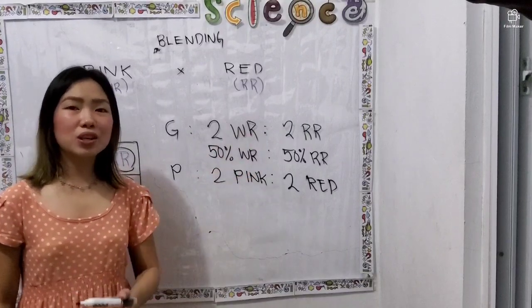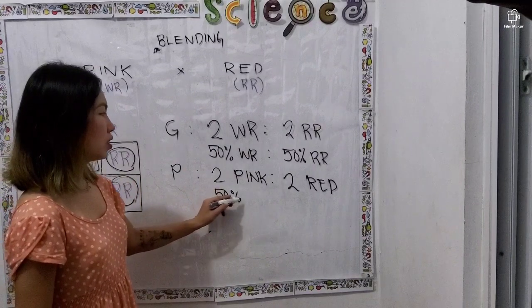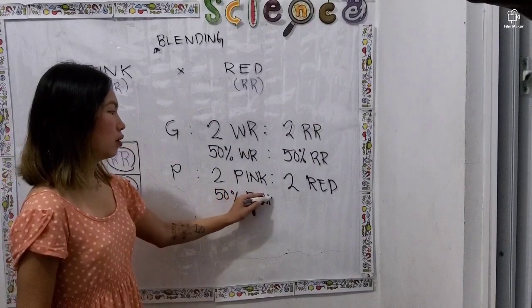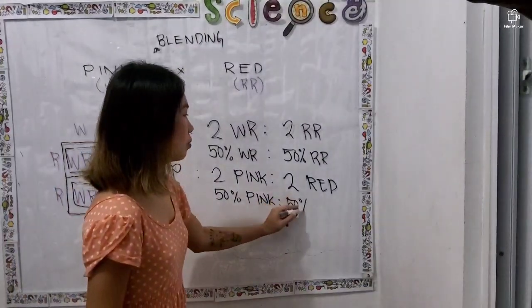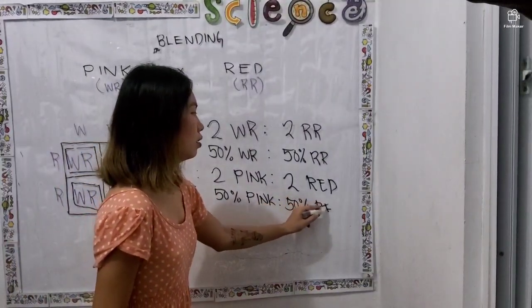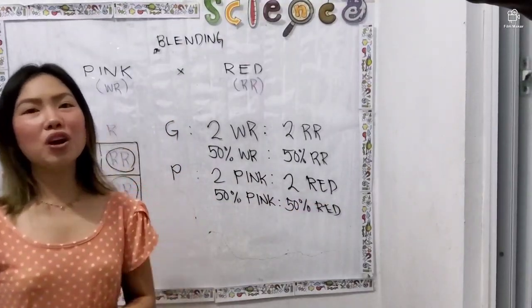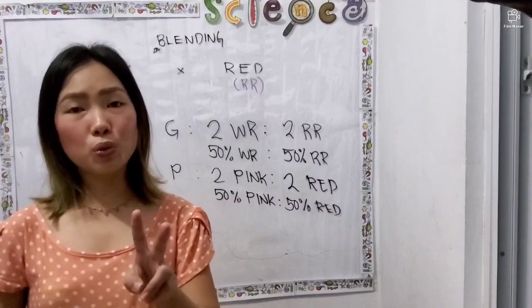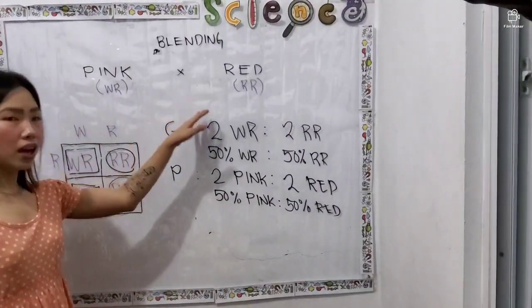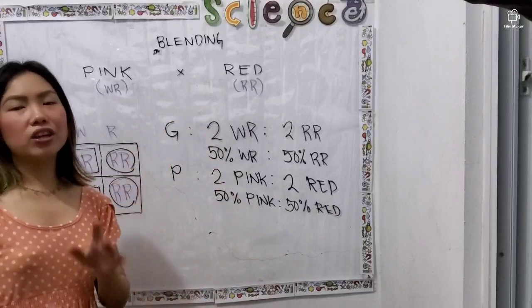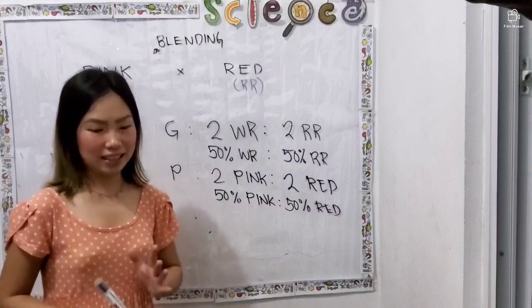Kung ang hinihingi naman sa'yo is percentage, so we have 50% pink and 50% red. So that will be our answer for our example number 2, crossbreeding a pink and a red flower under incomplete dominance. It is as easy as that.